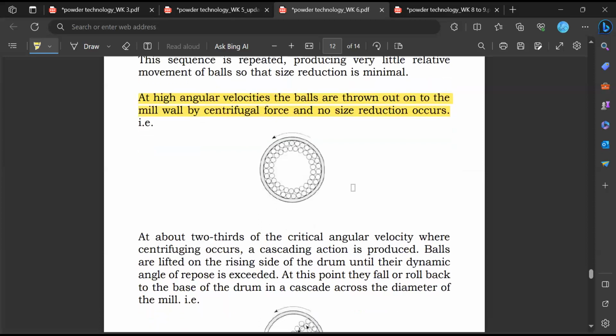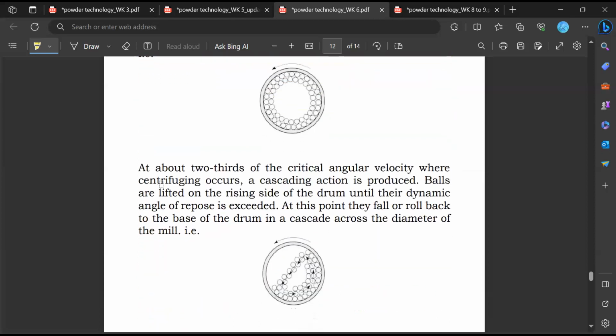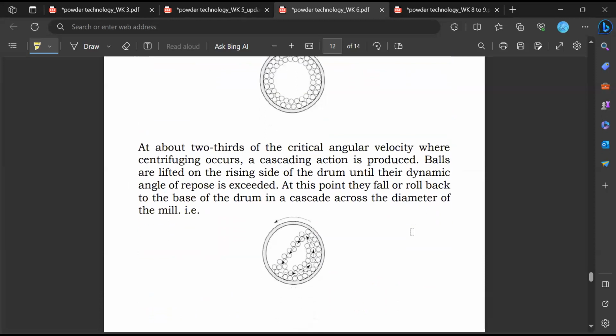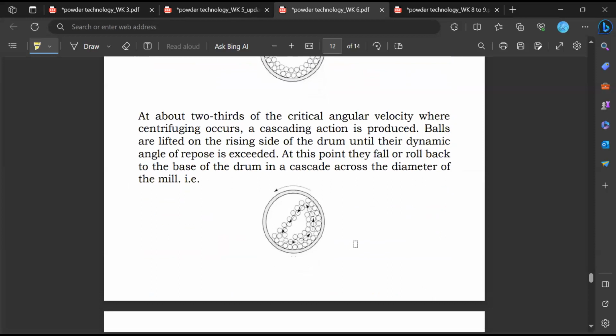So you have to take care what angular velocity you need for size reduction to occur. In a case like this, where the balls are at a high level and then they drop, it causes an impact on the particle, causing size reduction.